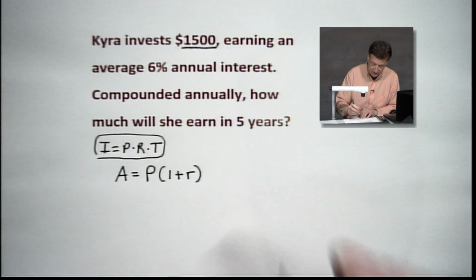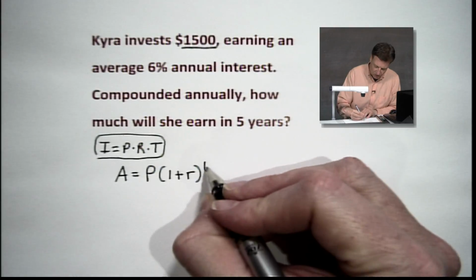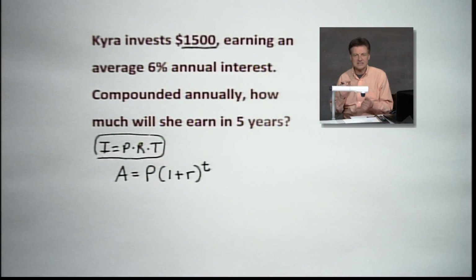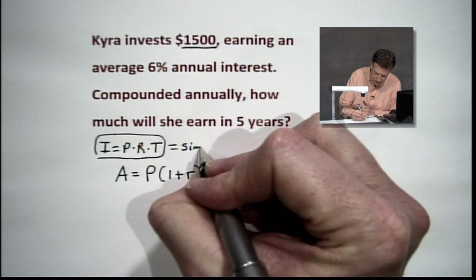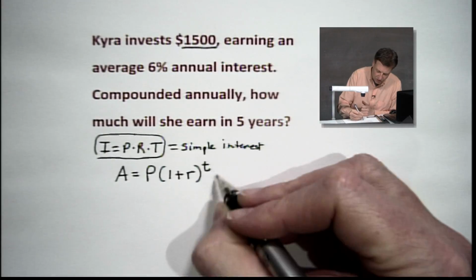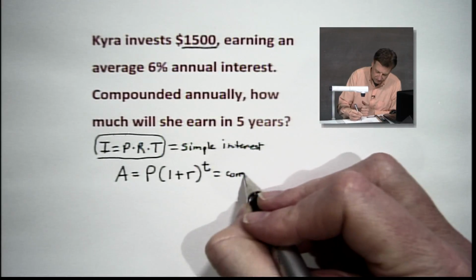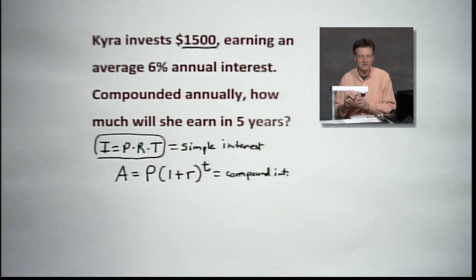Nate gave us 6%, we're going to give it to you as a decimal here in just a second, and we're going to raise it to the t, because this is an exponential. This isn't just great. This one would get us simple interest. This will give us the compounding interest. A little different formula.